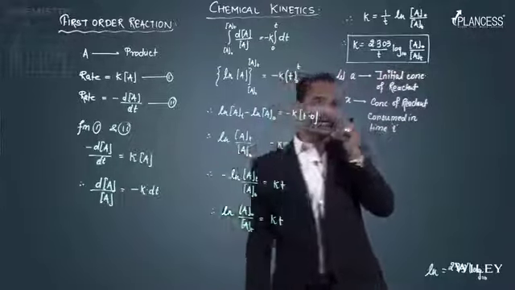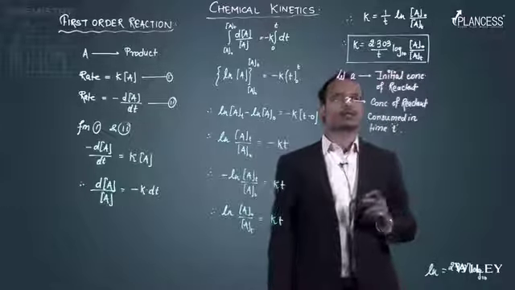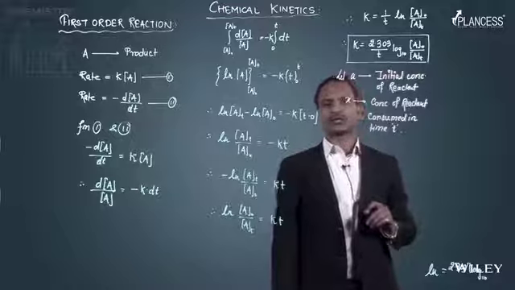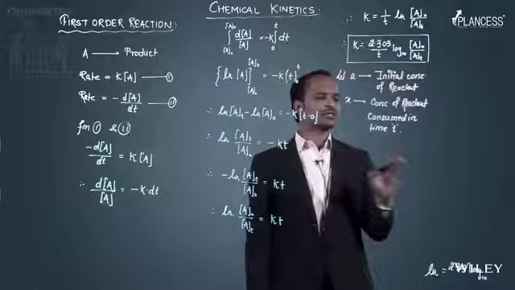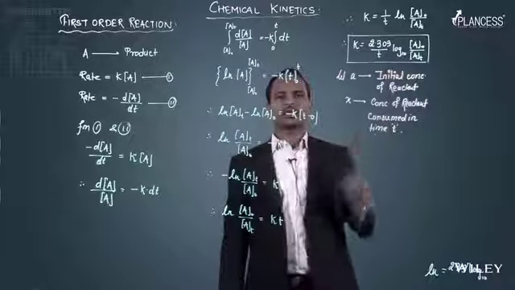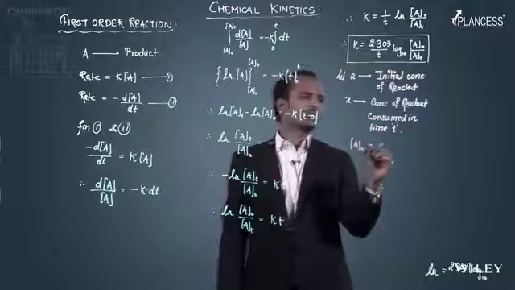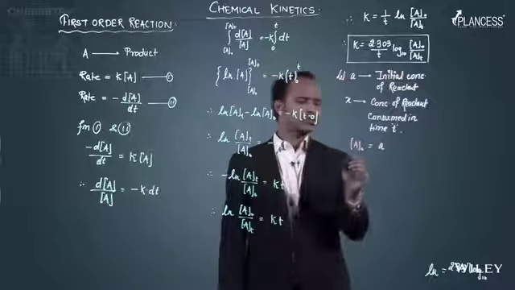So we got a and x, and I want to write the same formula in terms of small a and x, where a is the initial concentration of reactant and x is the concentration of reactant consumed in time t. So here we have A naught and At. A naught is the initial concentration, so A naught will be replaced by small letter a, the initial concentration.